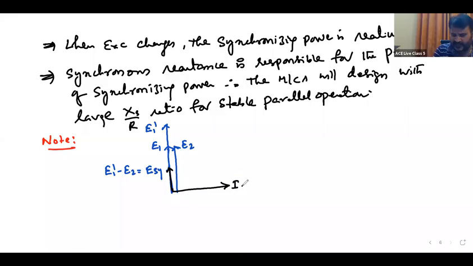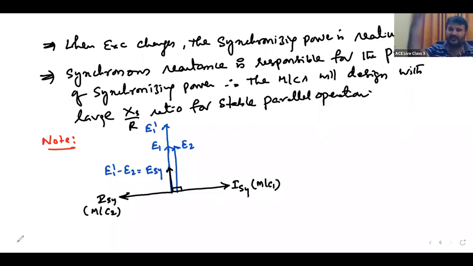It lags always. This is ISY, but this is ISY with respect to machine 1. With respect to machine 2, we have to take ISY in the opposite direction. Why? Because the first machine is delivering the current, and the second machine is absorbing the current.